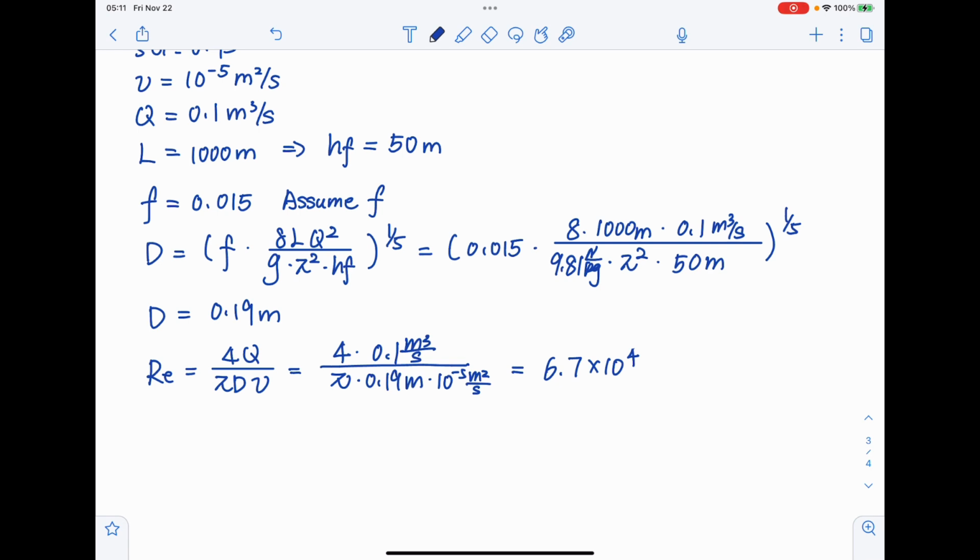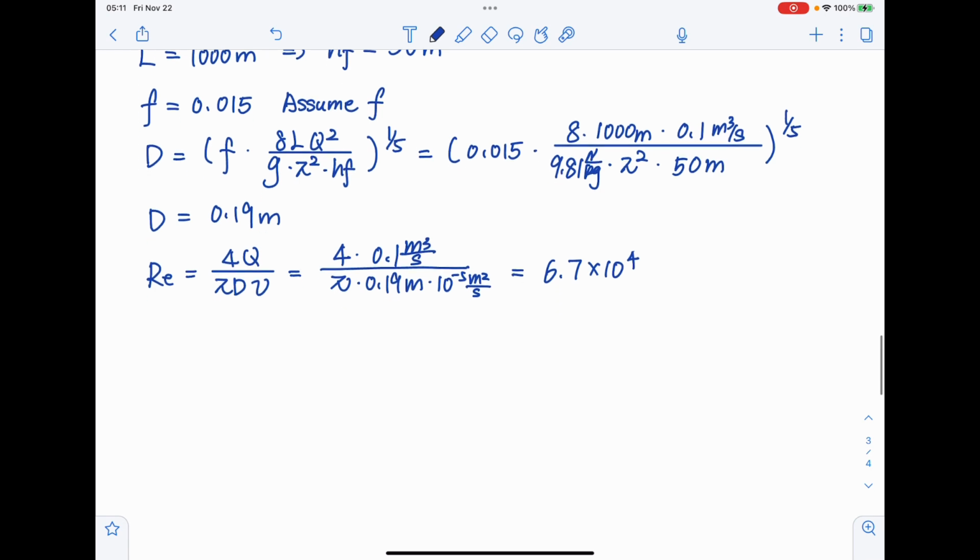Okay. Now we're going to use the Reynolds number to find the new friction factor, which is 0.25 over the log of (Ks over 3.7D plus 5.74 over the Reynolds number to the power of 0.9), to the power of 2.